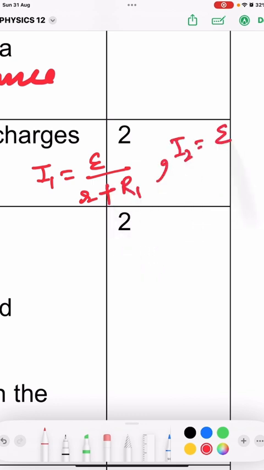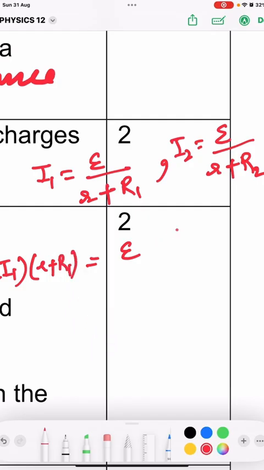And similarly current 2 will be EMF will be same, internal resistance will be same, and external resistance will be different. So put them equal, as in find out E. E is I1 times (R plus R1). And similarly from this side E is I2 times (R plus R2). So now because they both are equal to E, so you can put them equal.